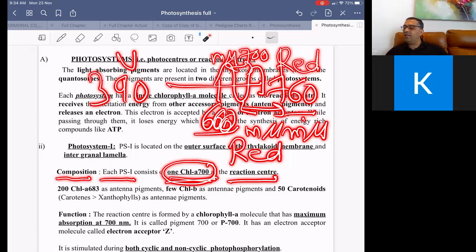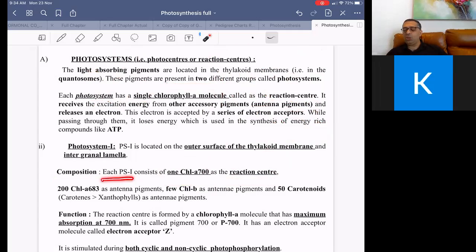So at what wavelength does electron jump? At 700 mu. The electron jumps from chlorophyll A, and that is the reason it's called chlorophyll A 700, which is called the reaction center. So that is PS1 or photosystem 1.